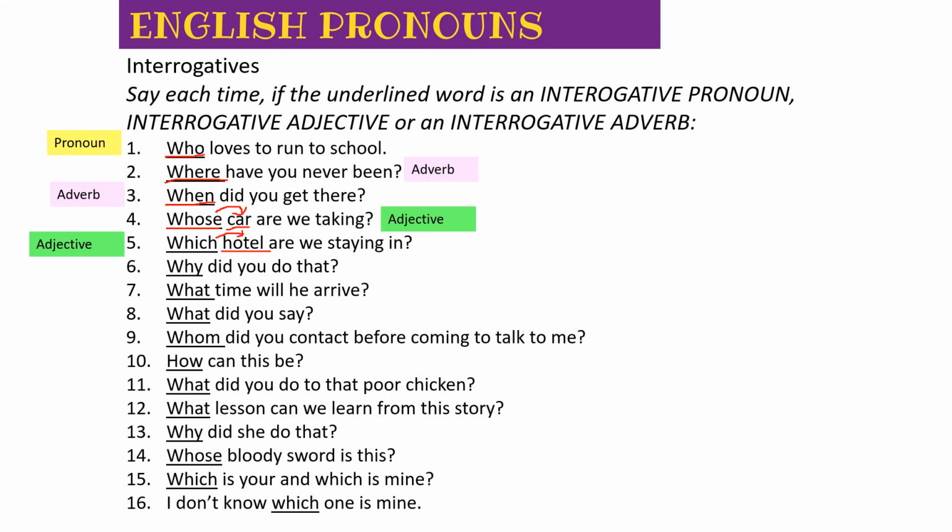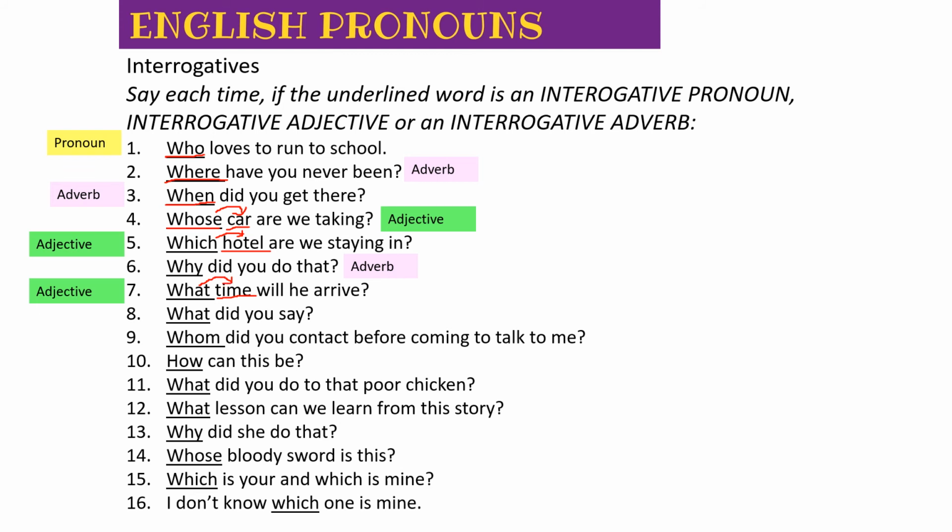Number six: "Why did you do that?" That's an adverb. Why will always be an adverb. It's replacing the reason that is describing the action. Number seven, please pause if you want to think: "What time will he arrive?" Adjective. Time is the noun here, and what is describing the noun.